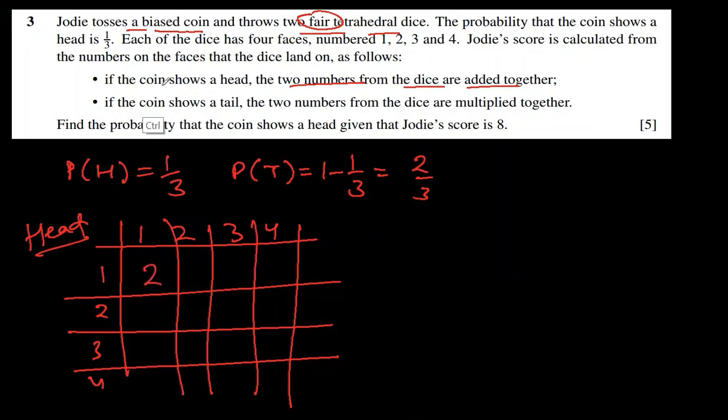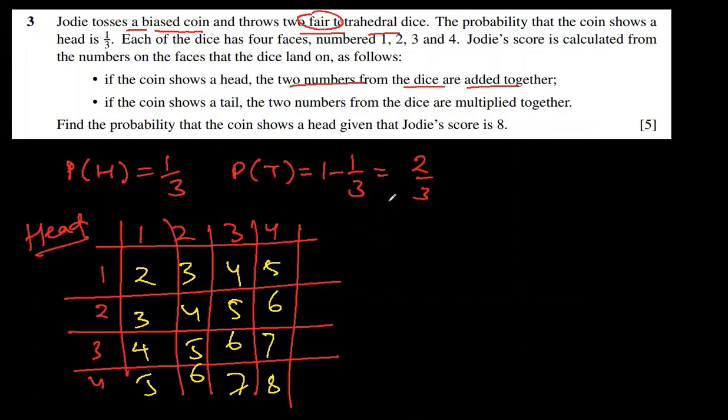Then 2, 3, 4, 5. And similarly 3, 4, 5, 6. 4, 5, 6, 7. 5, 6, 7, 8. And now we'll make a table for tail.